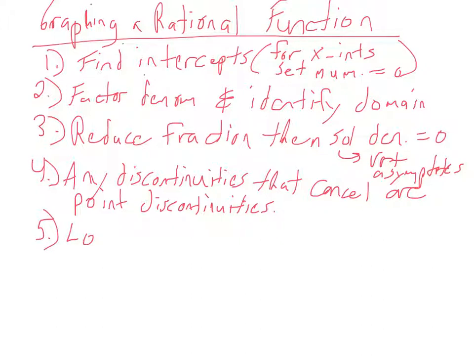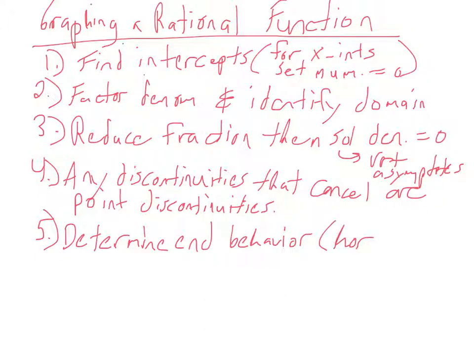Step five: locate or determine end behavior, which means, at that point, what type of end behavior do you have? Do I have horizontal asymptotes, oblique asymptotes, or otherwise?